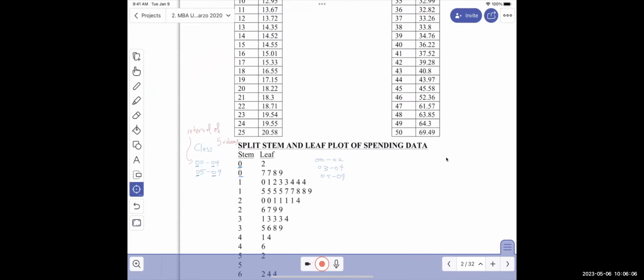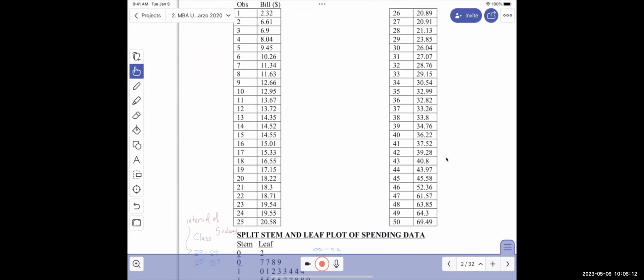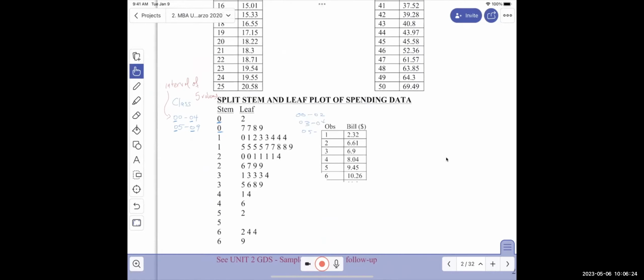All right, so let's look at the numbers now. Those are the classes. Now, what did I do with the numbers to fit them in there? Let me just take a sample of numbers here. The first value is $2.32, but I just put a 2 here.